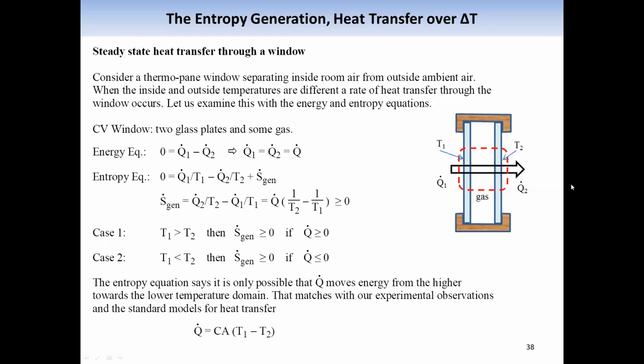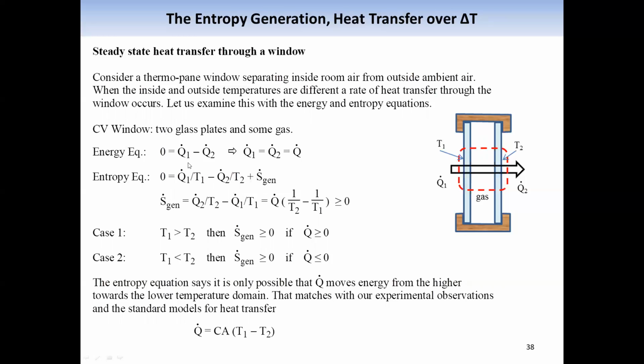So there are two heat transfer terms. Let's represent these two heat transfer terms as two positive quantities. They have to be identical in absolute value because the process is in the steady state.